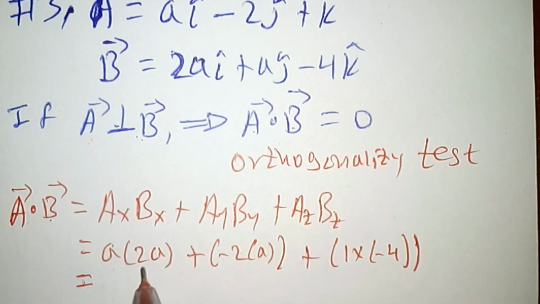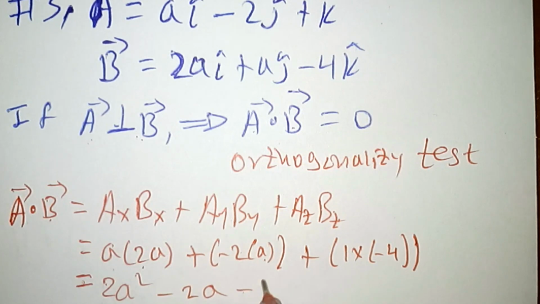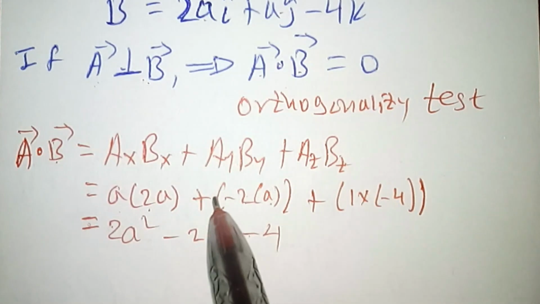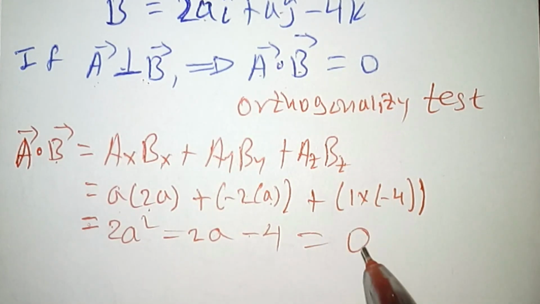So a times 2a plus -2 times a plus 1 times -4. So this is equal to 2a squared minus 2a minus 4. So this must be 0.